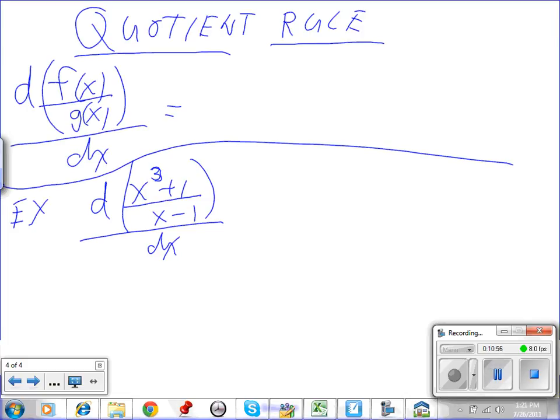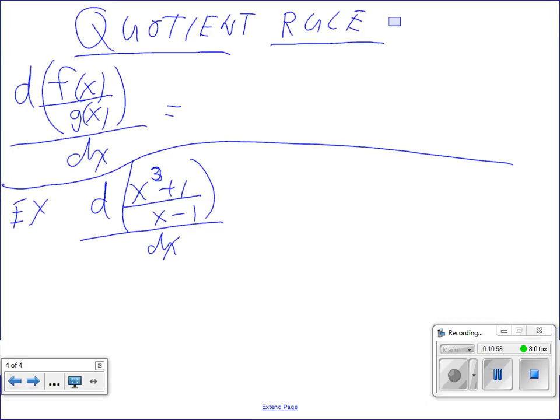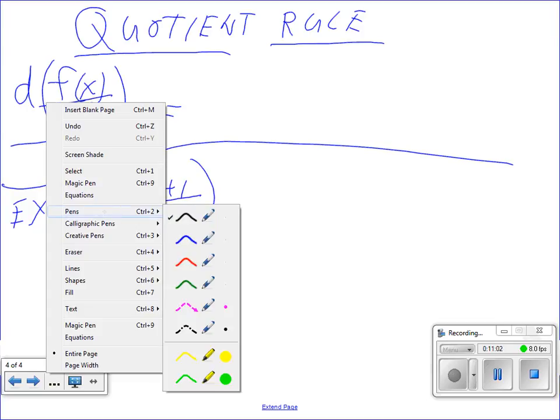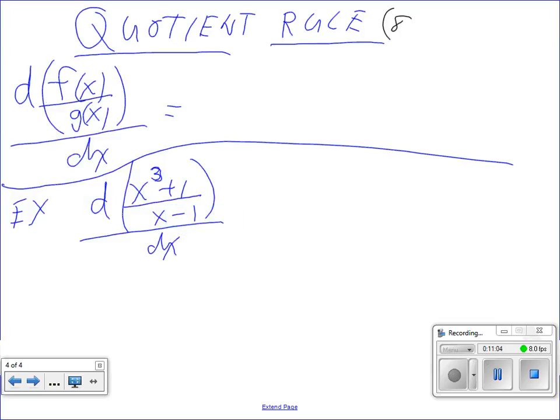This is the quotient rule, which I guess is rule number 8 in case we're counting them, not that you'd ever have to remember that was number 8. But the quotient rule, I've got a function divided by another function, okay? So I've got a ratio here, and what's that going to be?